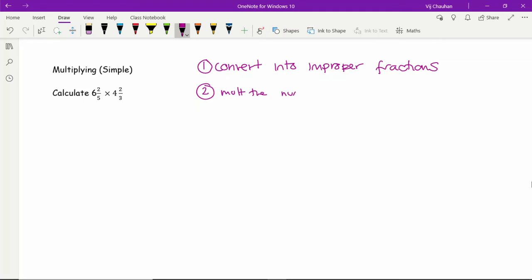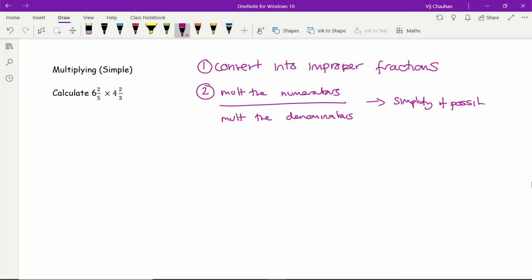the numerators together and then have that over the denominators multiplied together. And then what you may want to do is simplify if possible. And it might be possible to do that.